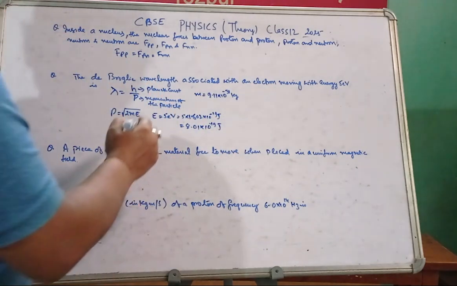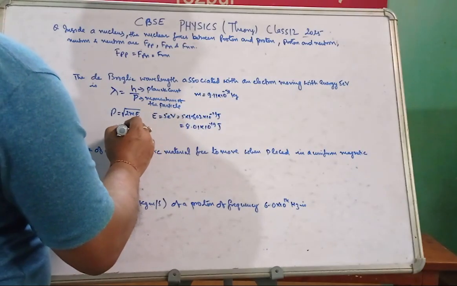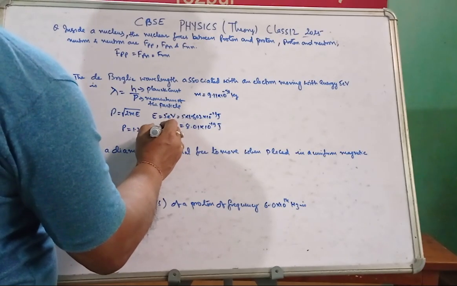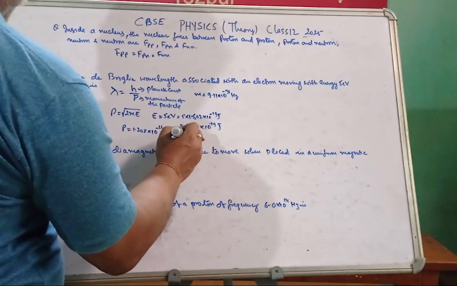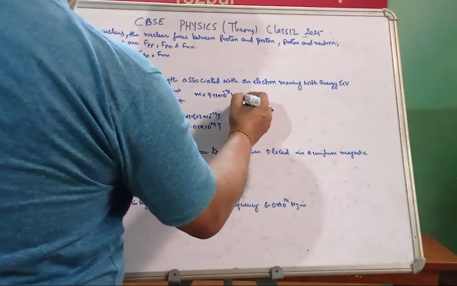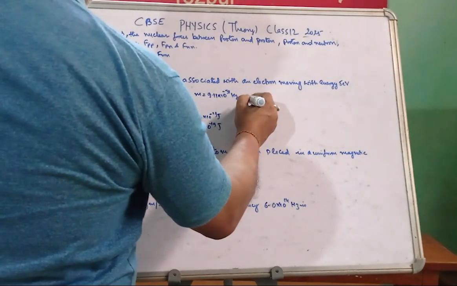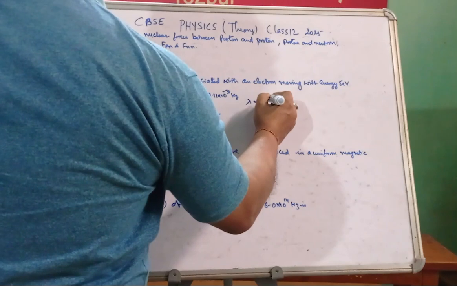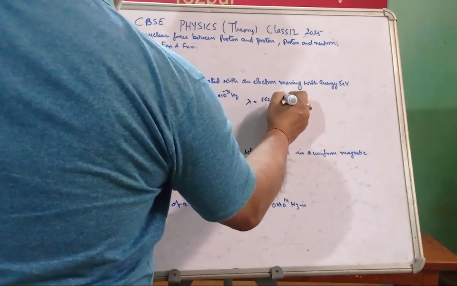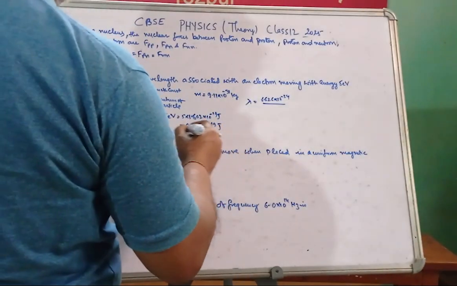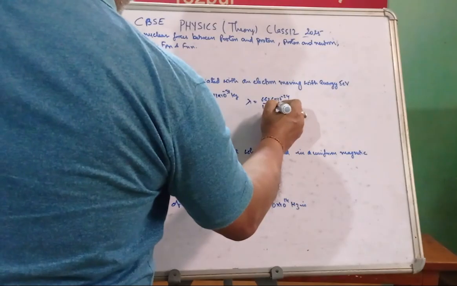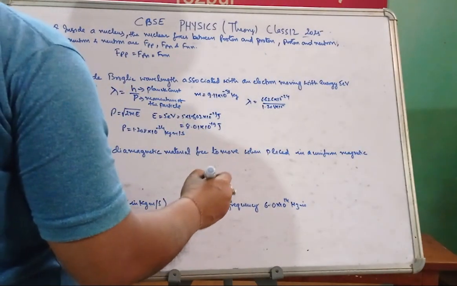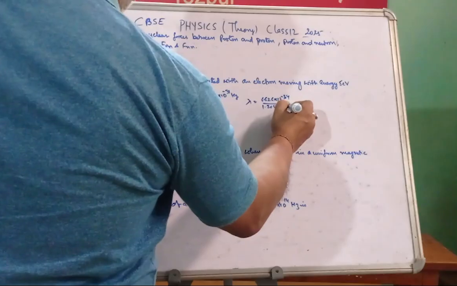Now when you place the value of m, P is equal to 1.208 into 10 to the power of minus 24 kg meter per second, and your lambda will come out to be the Planck constant, 6.626 into 10 to the power of minus 34, divided by P, 1.208 into 10 to the power of minus 24.